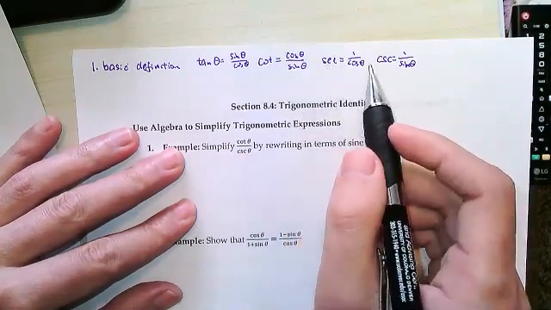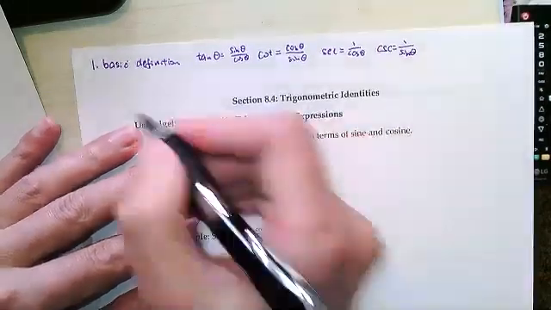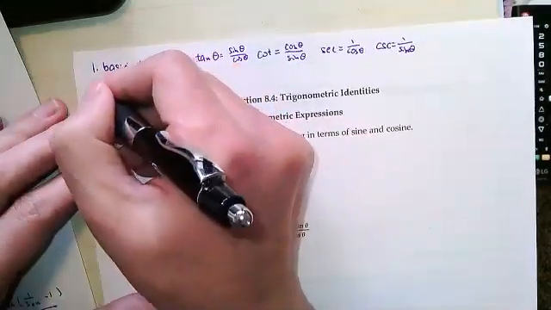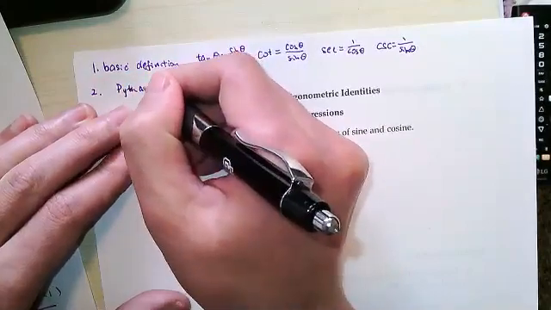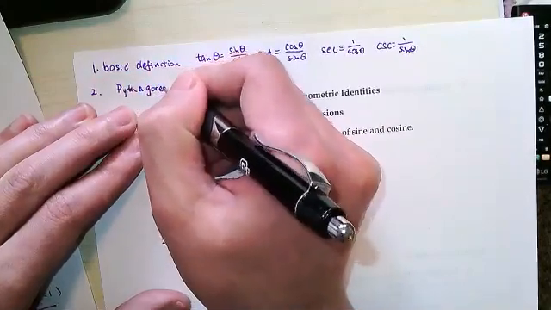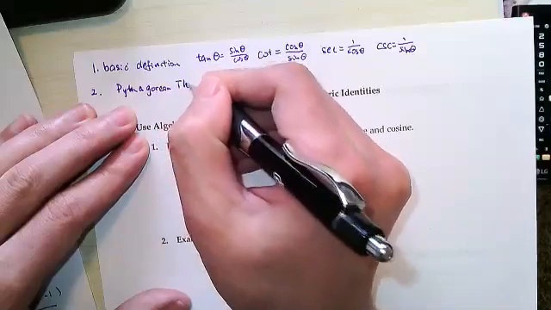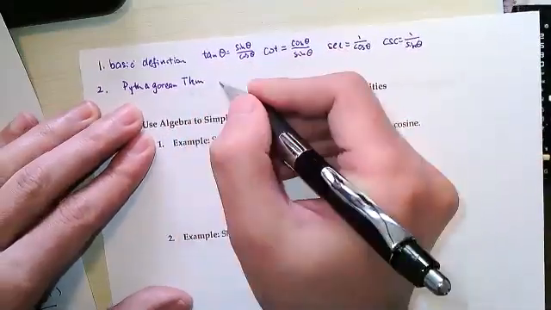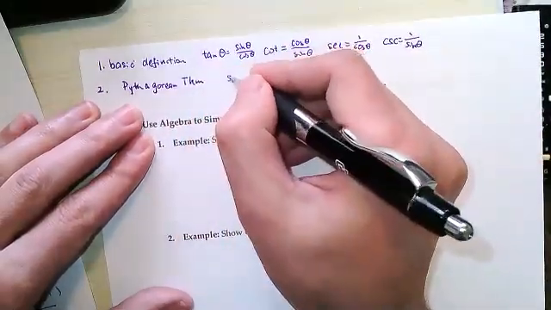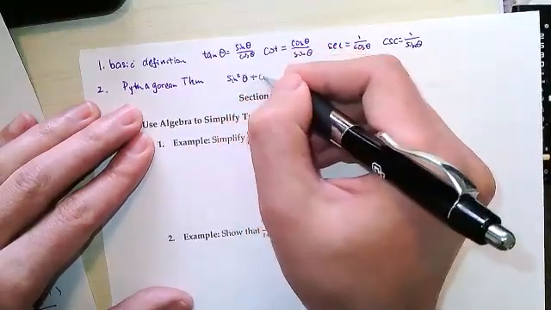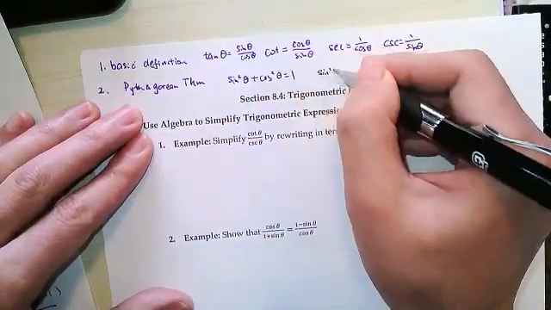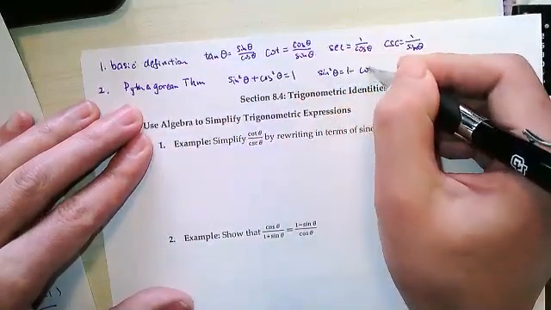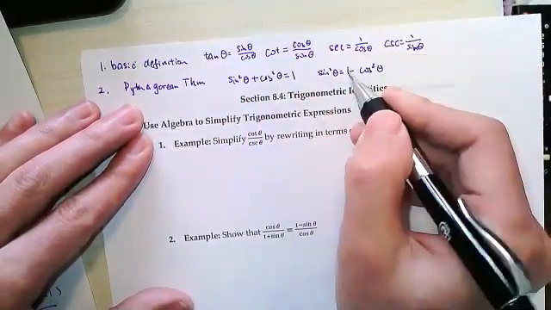our future formulas. Second, Pythagorean theorem. Sine squared plus cosine squared equals 1. Or sine squared equals 1 minus cosine squared. This is from this.